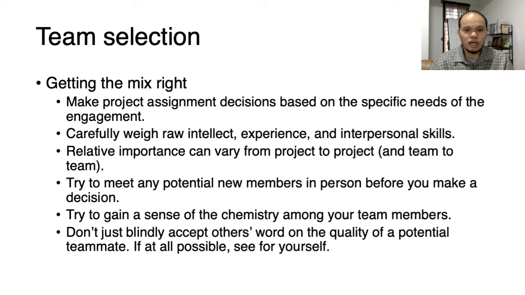The relative importance of these factors can vary from project to project, or team to team. Definitely, the principle here is that you want to select members who can actually help achieve the objectives of your team as quickly, as efficiently, as ethically as possible.